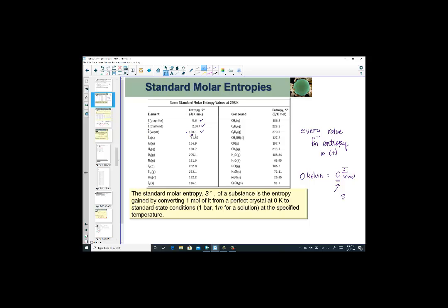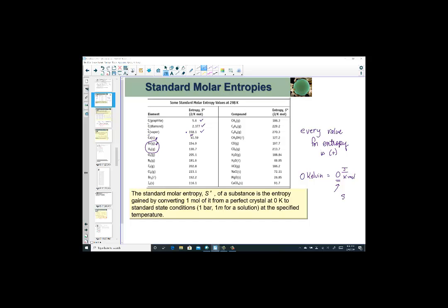Gases are much more chaotic, many more microstates than in diamond or graphite form. Notice also the trend, look at solid calcium versus gaseous argon, significantly more entropy when the elements are in a gaseous phase.